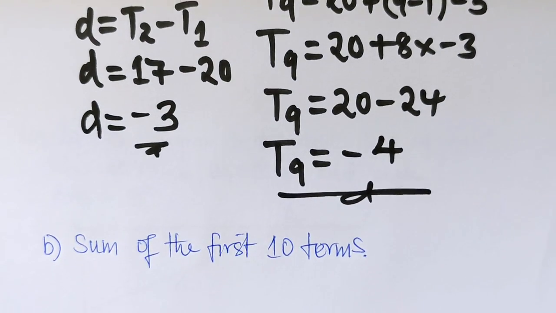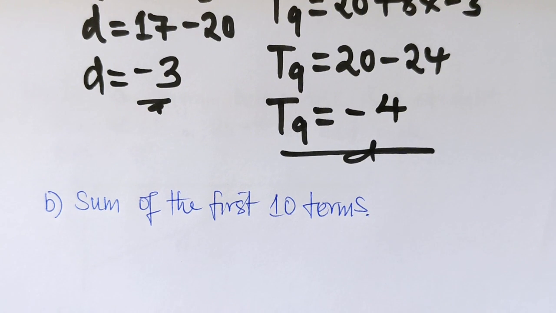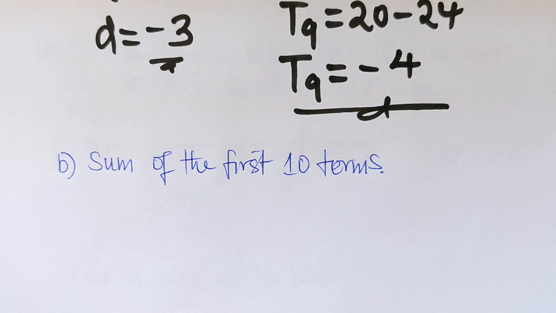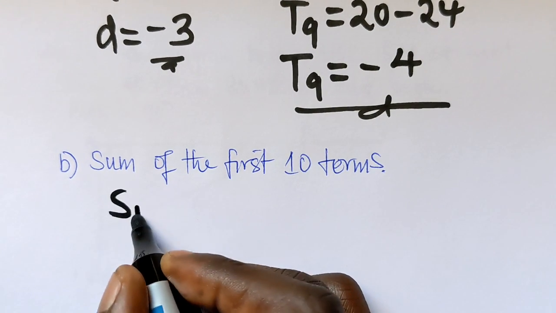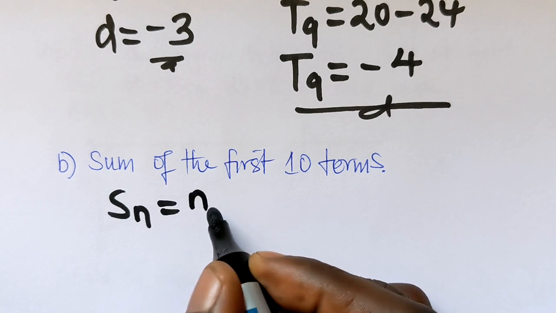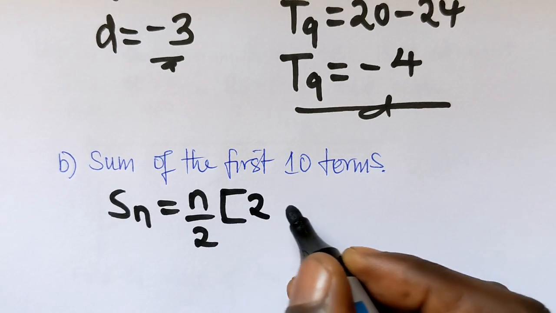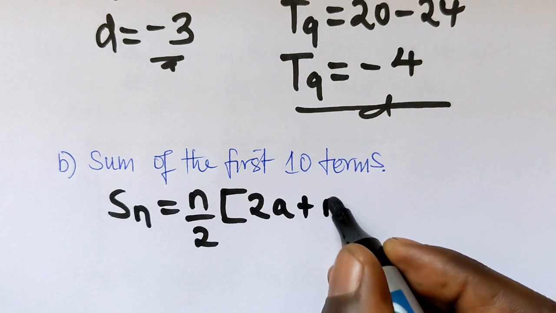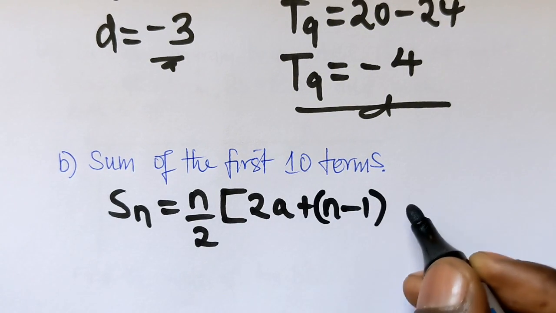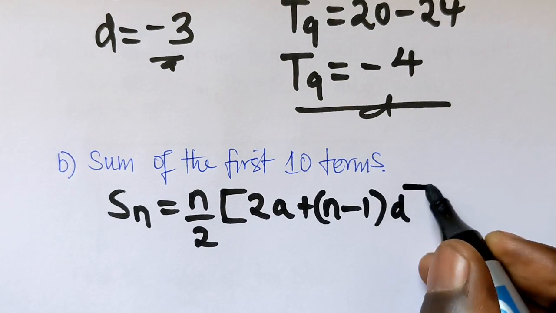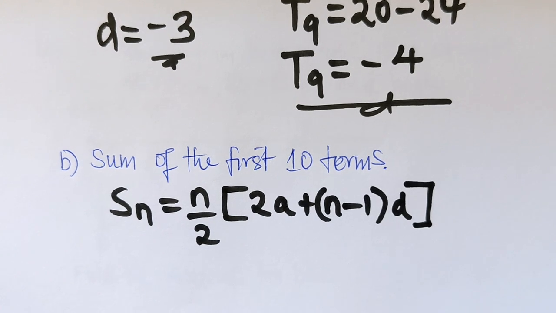Moving on to part B, the sum of the first 10 terms. For this part, we work with the formula Sn is equal to n over 2, open square brackets, 2a plus n minus 1 in curved brackets multiplied by d, close square brackets.